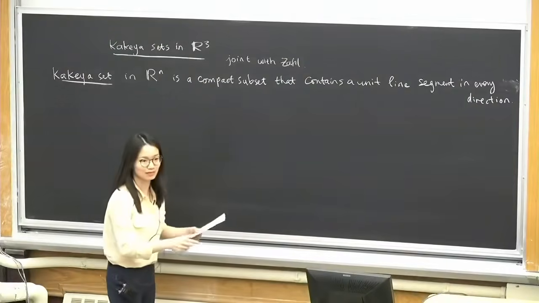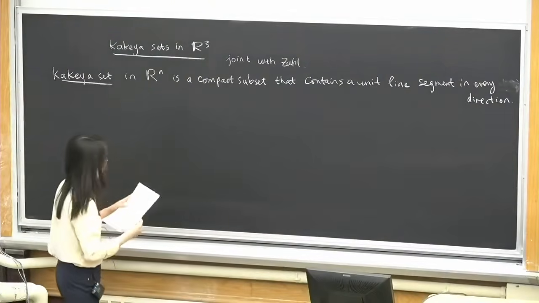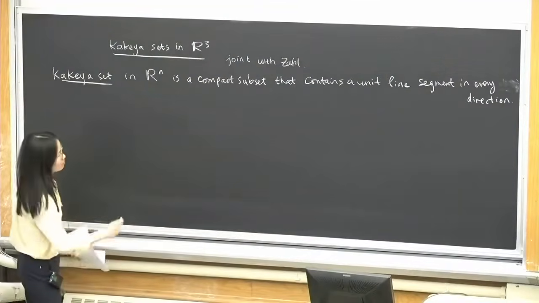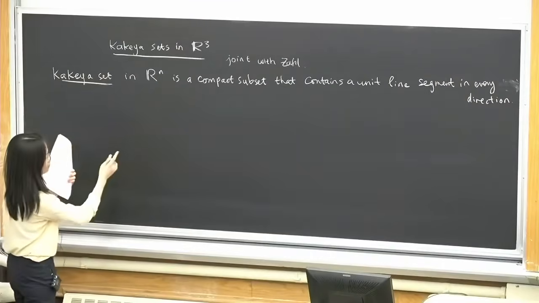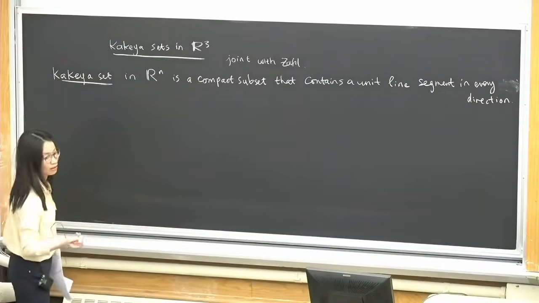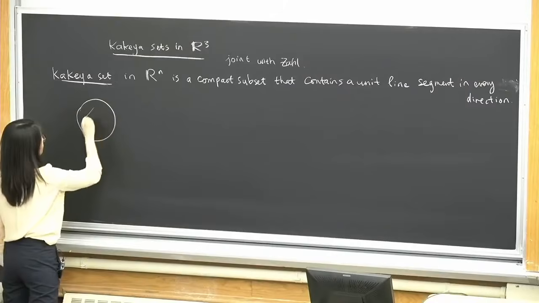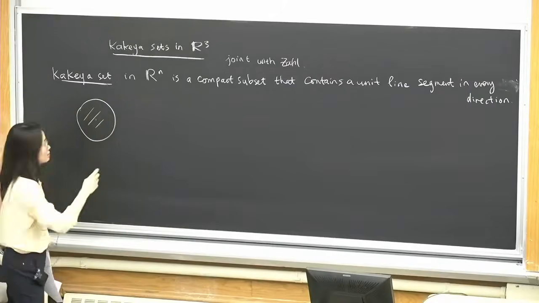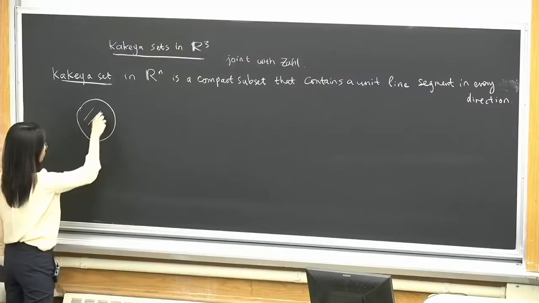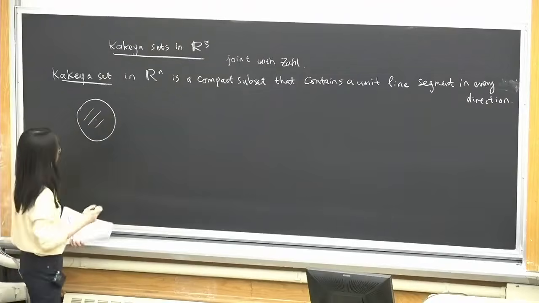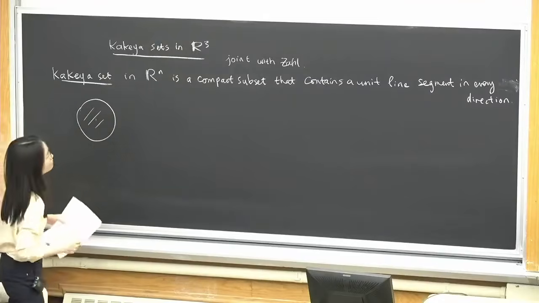Can people see what I write? Okay. So when we look at the definition of a Kakeya set, an immediate example that comes to mind is this unit disk, or the unit ball.